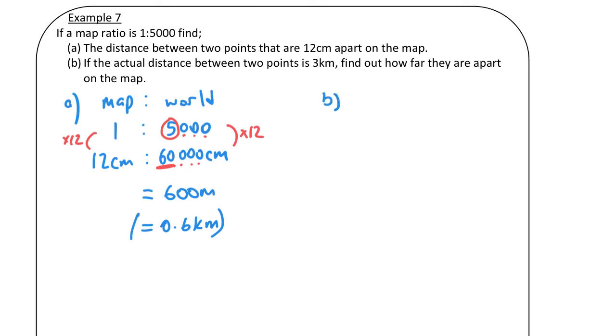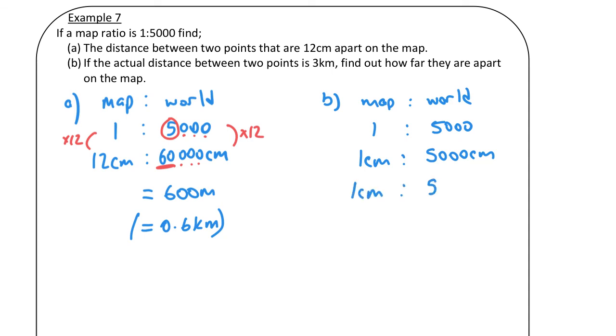Part B, if the actual distance between the 2 points is 3 kilometres, find out how far apart they are on the map. So if we think about the scale, which was map to world, I'm going to build up to 3 kilometres. So 1 is 5,000. So what that means is 1 centimetre is 5,000 centimetres. Again, that doesn't really make an awful lot of sense to me. So I'm going to write it as 1 centimetre is 50 metres.